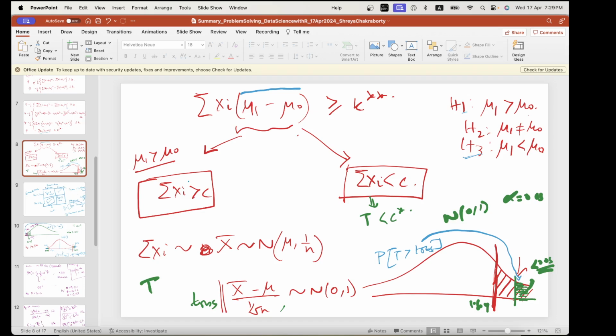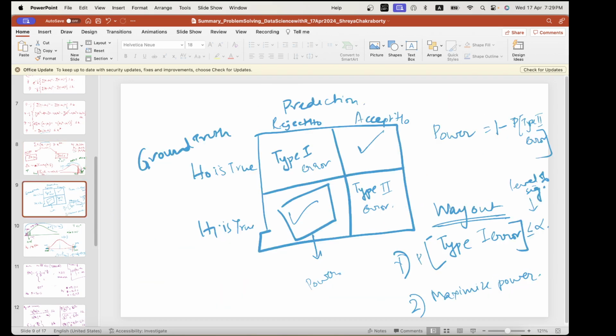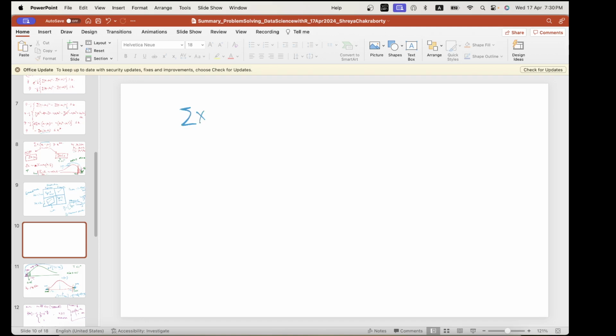Then I have to know what my c is. The c point will be devised based on the probability of type 1 error being less than or equal to alpha. So here I have to say probability summation xi greater than c should be less than or equal to 0.05. That is my alpha.